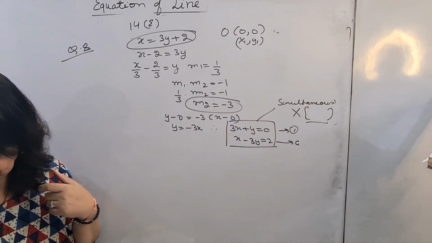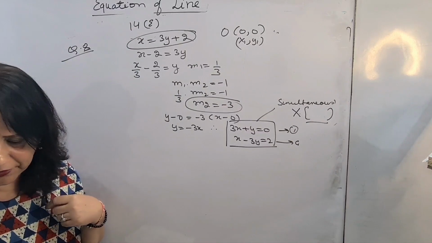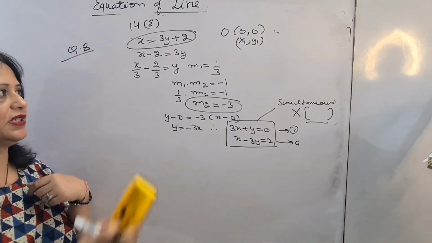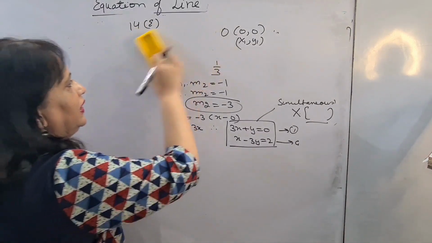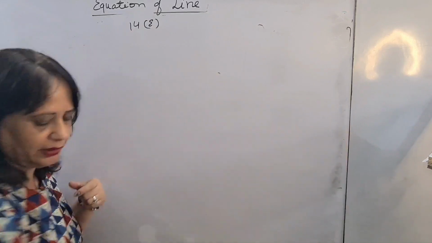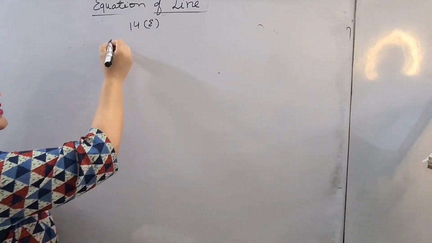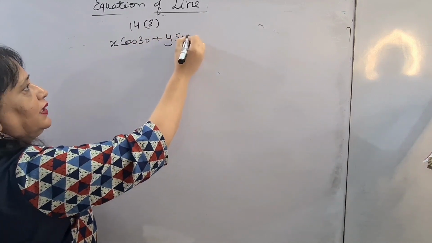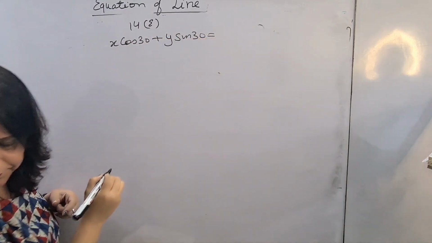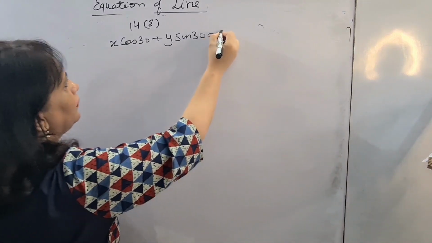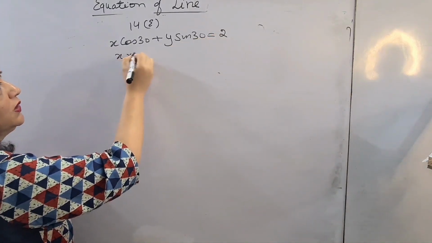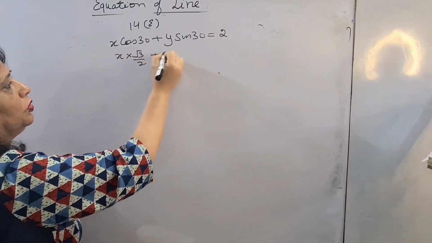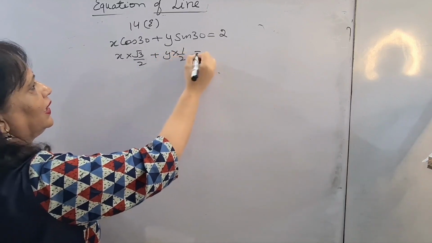Now, moving on the same lines, question number 14, I will just give you again the same hint, exercise 14E, question number 14. It has been given x cos 30 plus y sin 30 is equal to 2. No problems, put the standard values, x root 3 by 2, you know how to do it, we have done it in 9th standard.